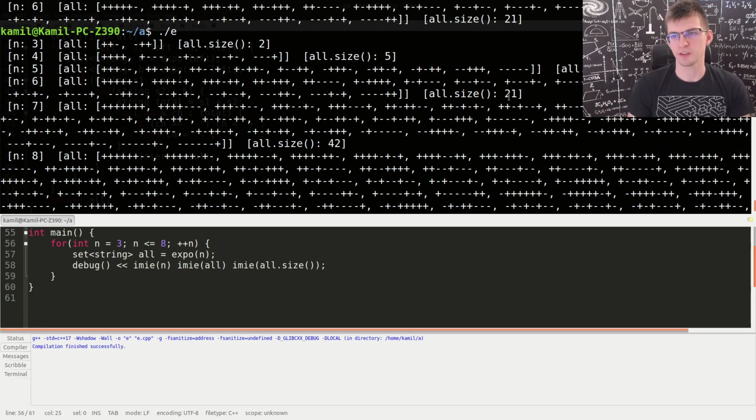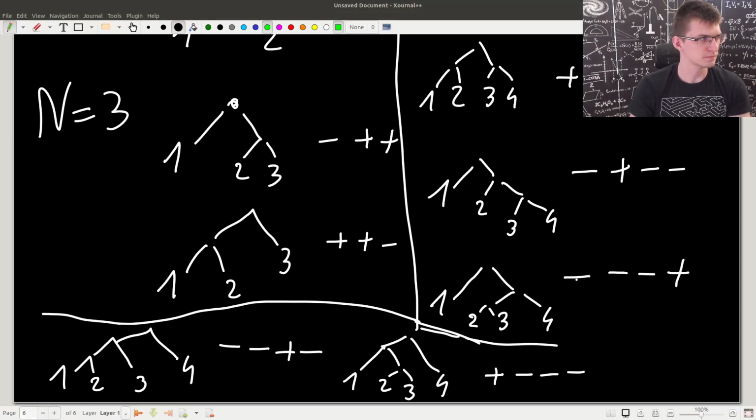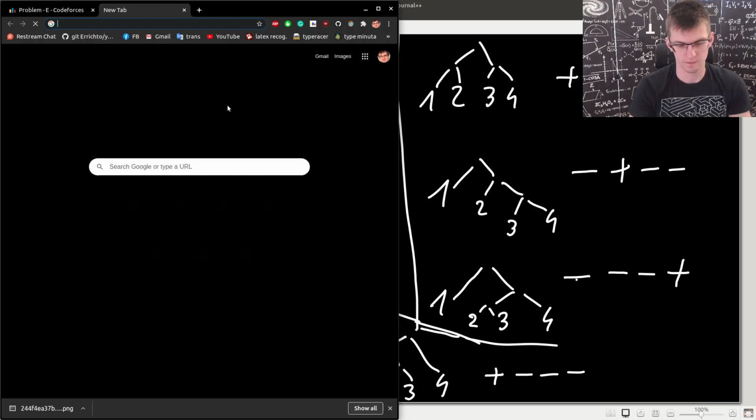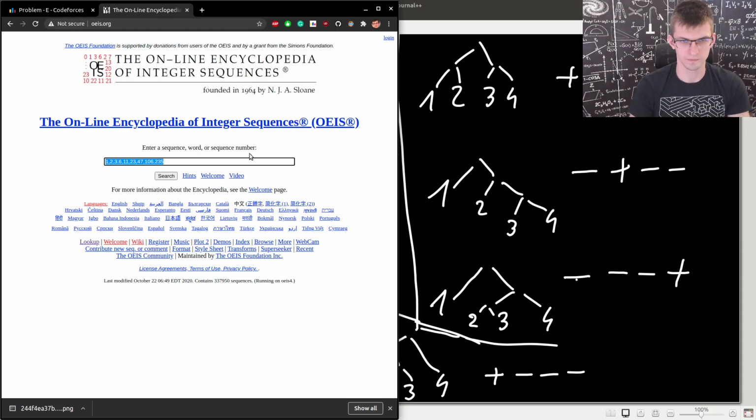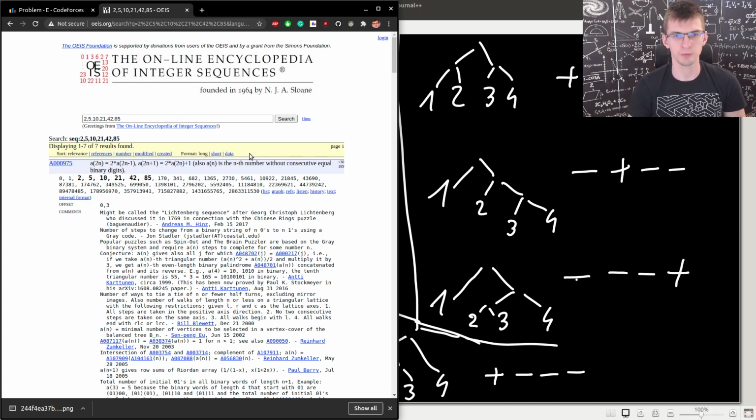Okay, it's always times 2 and plus 1 every second time. 5, 10, 21, 32, 85. I'm hoping for some insight. Nth number without consecutive equal binary digits.